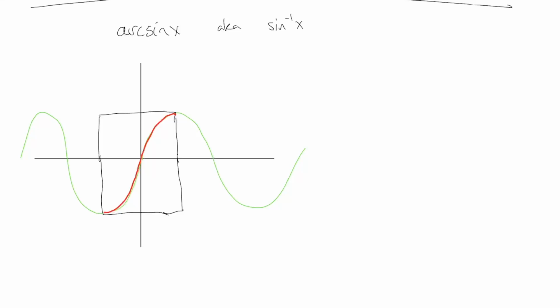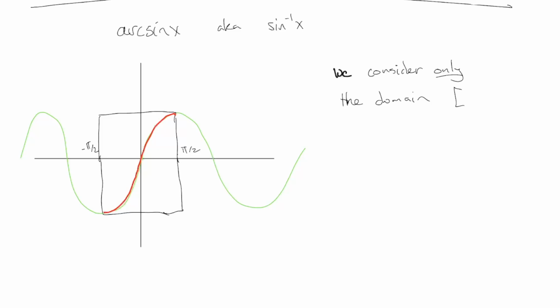And it doesn't exist anywhere outside of that specific domain. So this function, we consider only the domain. Now, if you think about where those values are, this is minus pi over 2 up to pi over 2, right?